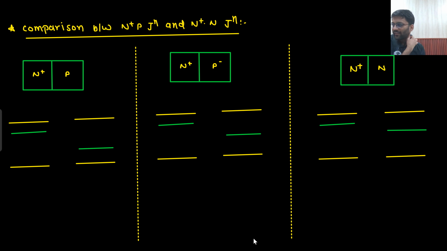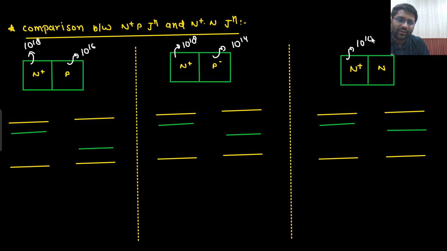Okay. Another prerequisite is there. We will compare the N plus P junction and N plus N junction. Basically here, let's just say the doping is 10 to the power 18 donor atoms, and here the doping is 10 to the power 16. Here also the doping is 10 to the power 18. Here the doping is, let's just say, 10 to the power 14. Here let's just say doping is 10 to the power 18, and here the doping is 10 to the power 16.